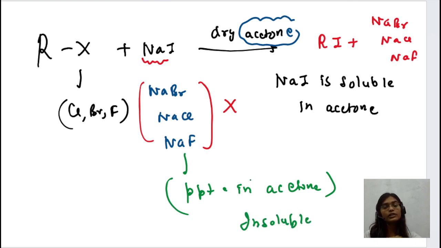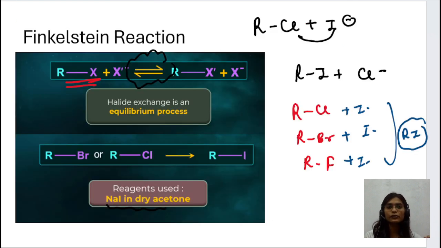Now the question: if it is insoluble in acetone, then what is going to happen there? According to Le Chatelier's principle, if precipitation takes place on the product side, is the reaction going to move in the forward direction or the backward direction?